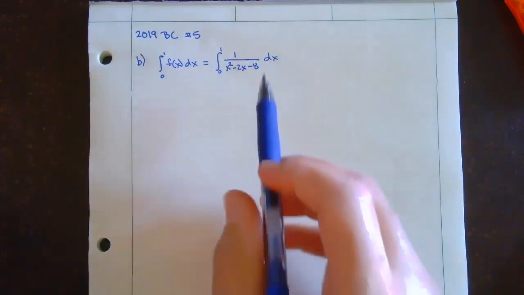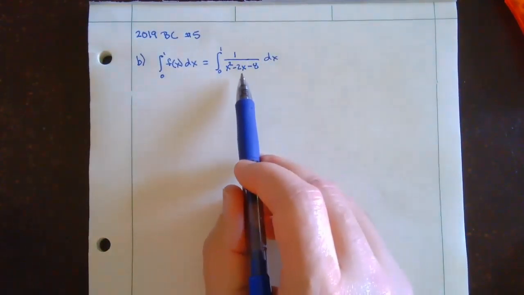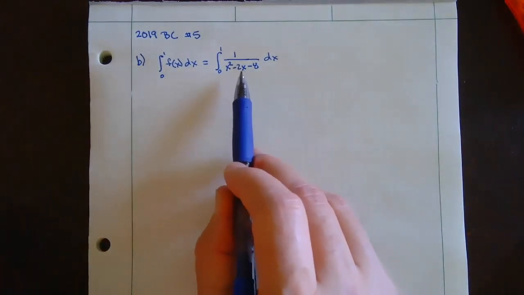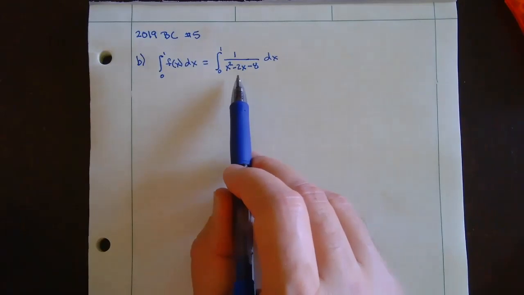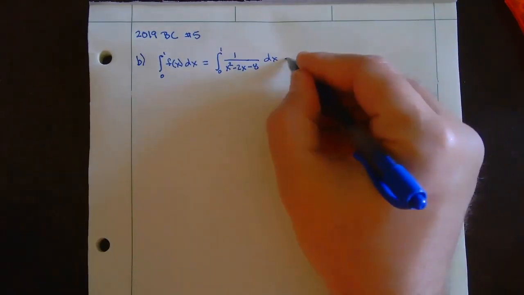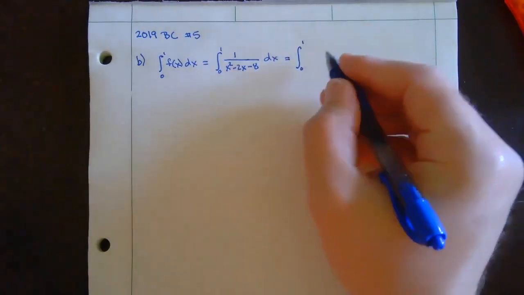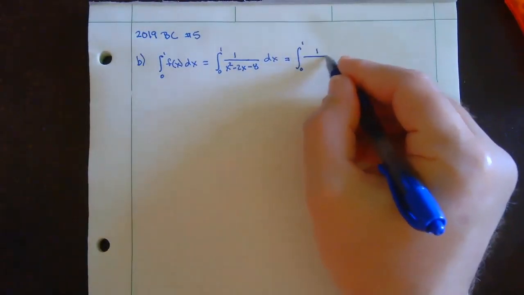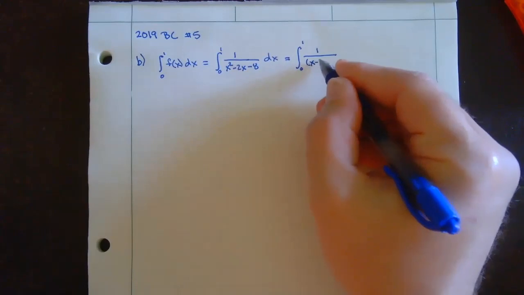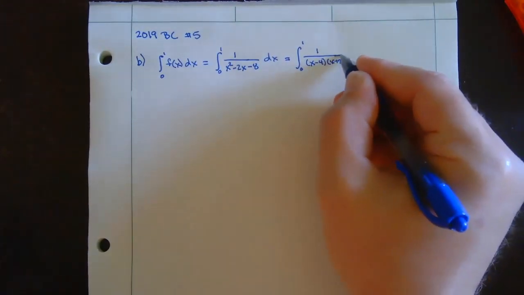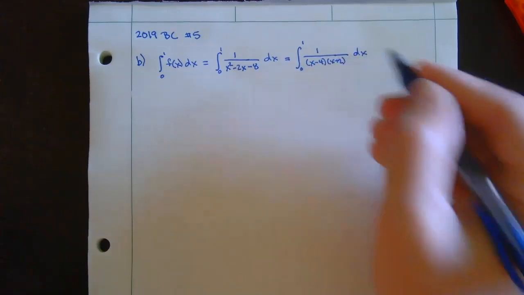dx. So what does that mean? You should recognize that this is factorable, right? It's going to be x minus 4 and x plus 2. So this is equivalent to the integral from 0 to 1 of 1 over x minus 4 times x plus 2 dx.